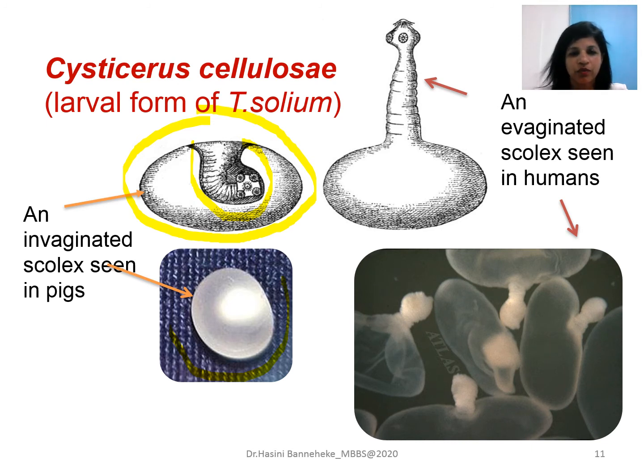When we eat the muscle with this cyst inside, this invaginated scolex evaginates while it is inside the human. Here in this image you can see the evaginated scolex. This scolex has attachment organs such as hooks and suckers. With that, they fix themselves onto the small intestinal mucosa and start growing into an adult stage.